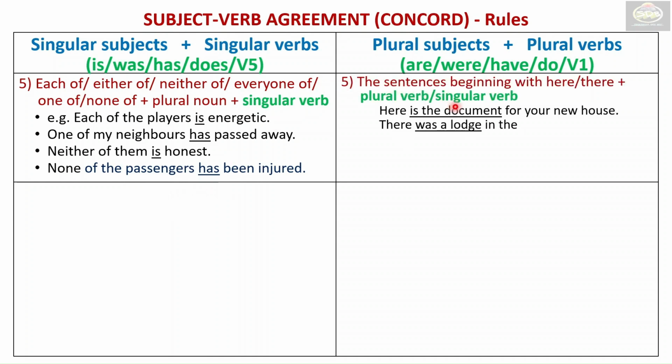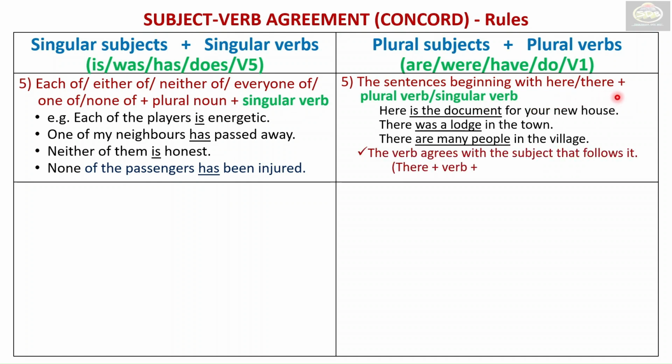The sentences beginning with here, there plus a plural verb or singular verb. It means if any sentence begins with here or there, in such situations the subject is given after the verb. We have to make agreement with the subject that is given after the verb.